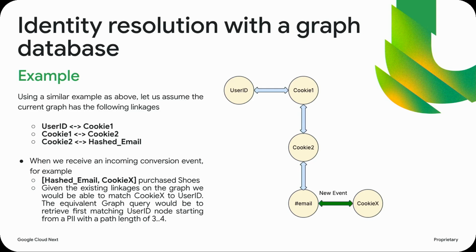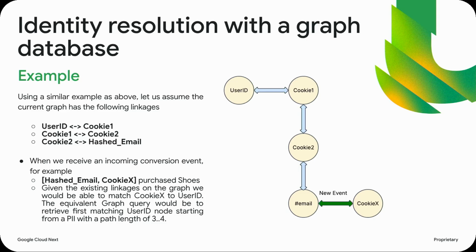So let's take this example to kind of understand a little bit more of how a graph is better than a KV store for identity matching. So looking at this, let's say the current graph has like 3 linkages, a user ID to cookie 1, cookie 1 to cookie 2, and cookie 2 to a hashed email. And we get a new event which contains 2 PIIs, which is a hashed email and a completely different cookie, cookie X, saying, this email and this cookie bought X, right?